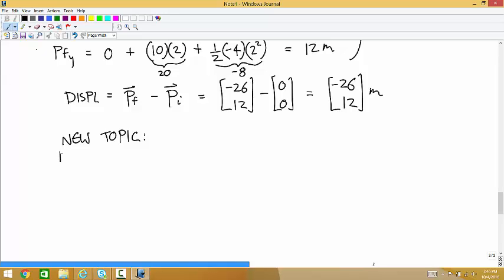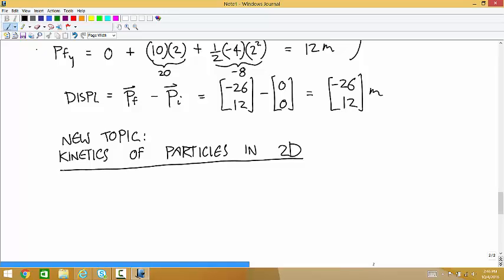Kinetics of particles in 2D. So remember, the thing that we talked about before was called kinematics. I don't know why they make these two words so similar. It seems like it makes it unnecessarily confusing. But kinematics describes the motion.